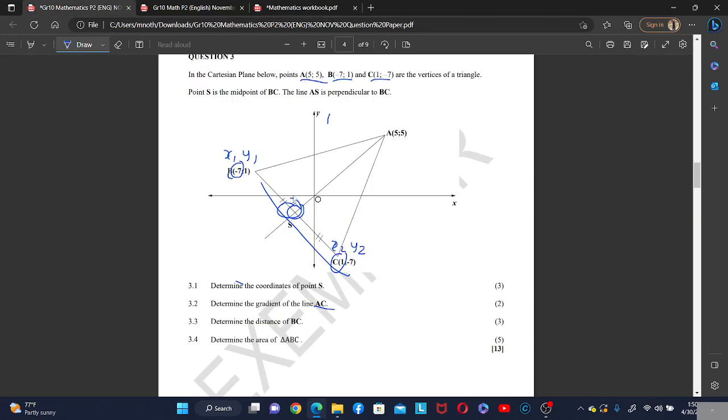So these points are already named. This one is x2, this one is y2. So let's just say that this one is x1, this one is y1. So y2 is -7, y1 is 5.